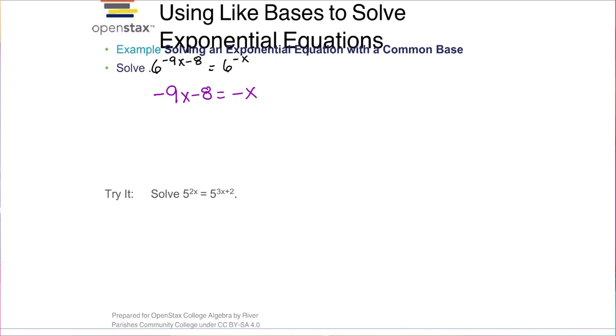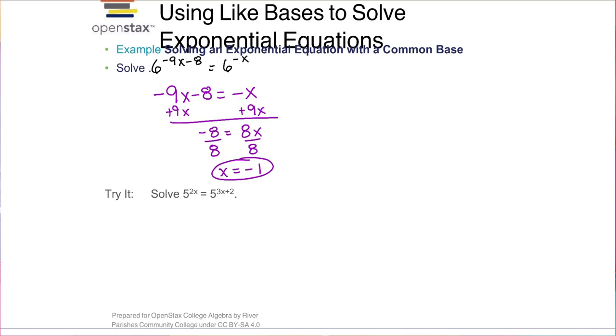The only way this can be true with the bases being the same is if the exponents are also equal. So we set negative 9x minus 8 equal to negative x, and then we solve. I'm going to add 9x to both sides, and I'll get negative 8 equals 8x. Divide both sides by 8, and we get x equals negative 1.